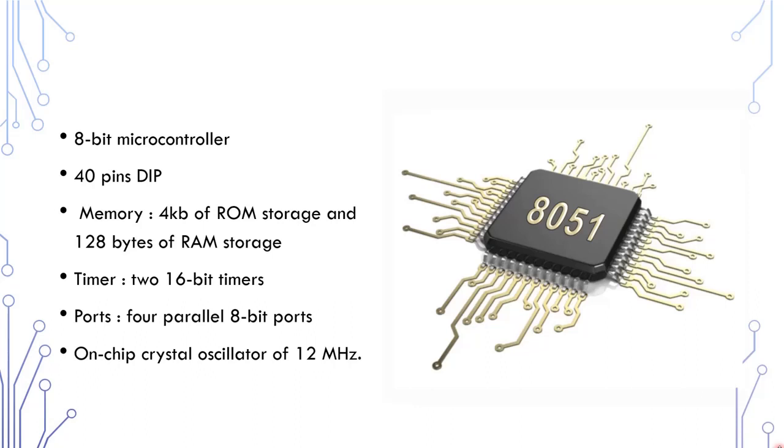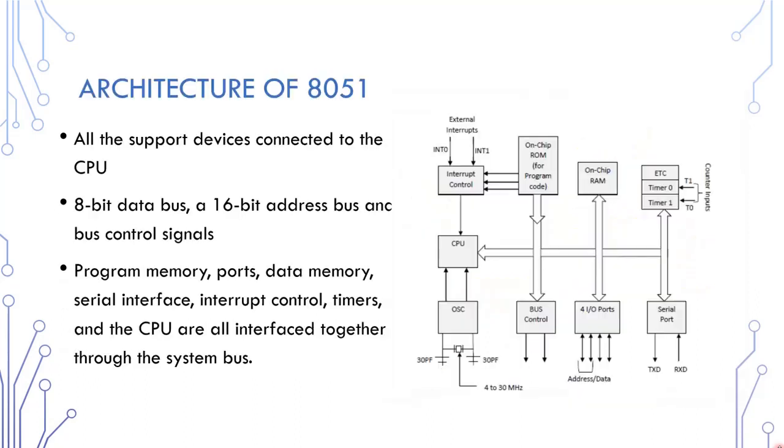There are two 16-bit timers. It consists of four parallel 8-bit ports which are programmable as well as addressable as per the requirement. An on-chip crystal oscillator is integrated in the microcontroller, having a crystal frequency of 12 MHz.